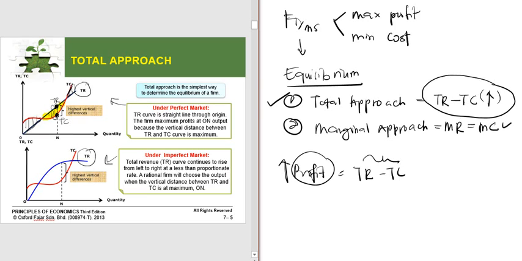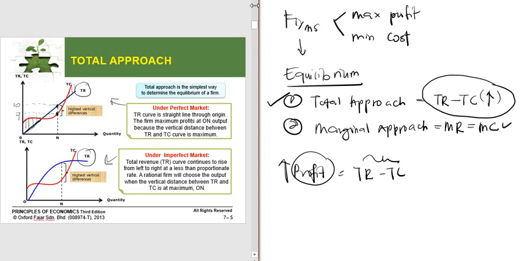Let's say I put figures so you can see clearly. Let's say the total revenue at this point is 10 ringgit, and total cost here is, let's say, 7 ringgit.